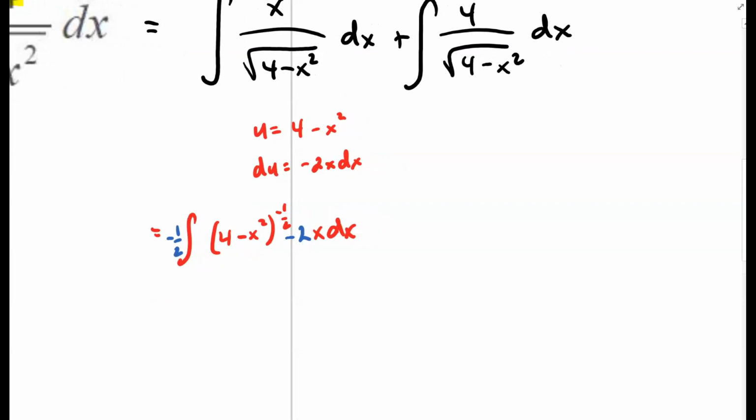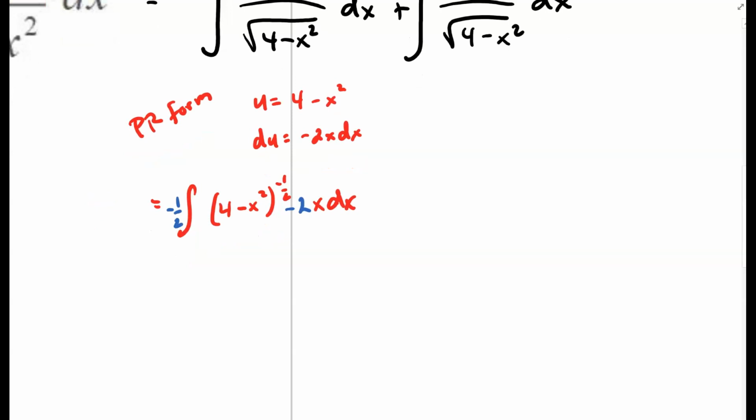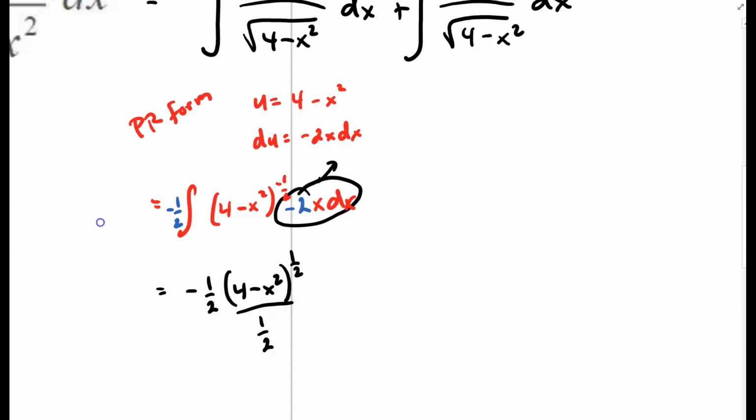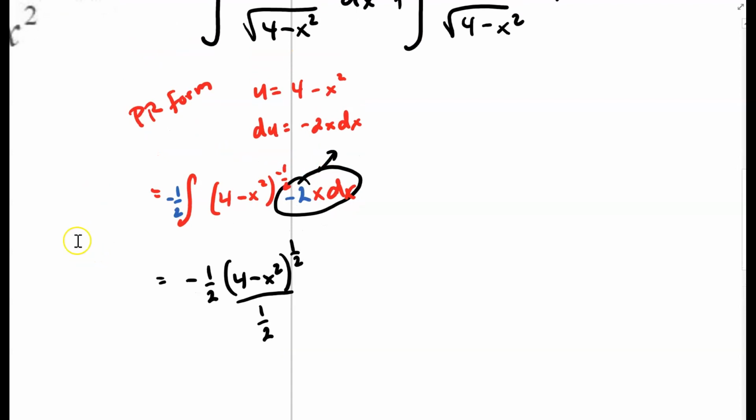Okay, and I'm just using power rule form, if you will. I'm going to change that negative 1/2 to a positive 1/2. So this gives us negative 1/2 times 4 minus x squared to the power of positive 1/2 now, right? And that negative 2x dx, there is our hook-on factor. And I have to divide by the new power, which is 1/2. Okay, and I'll clean that up in a bit.